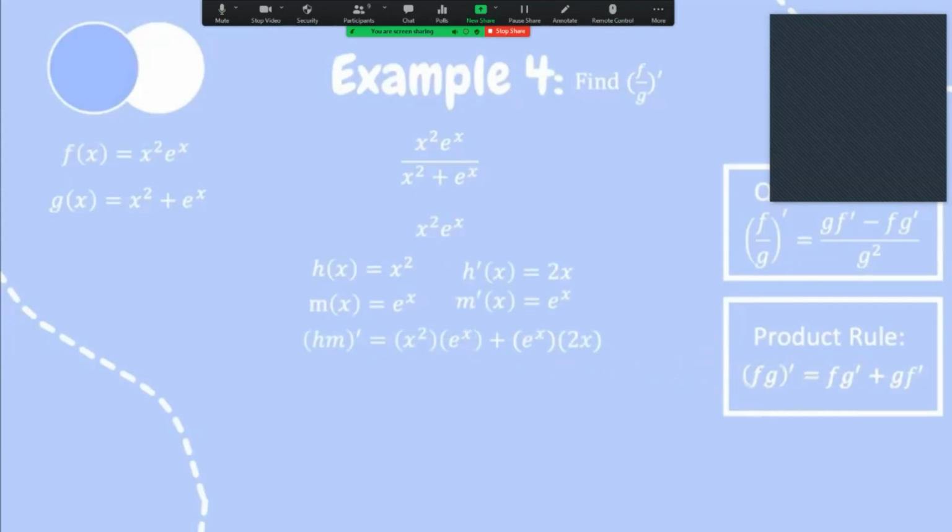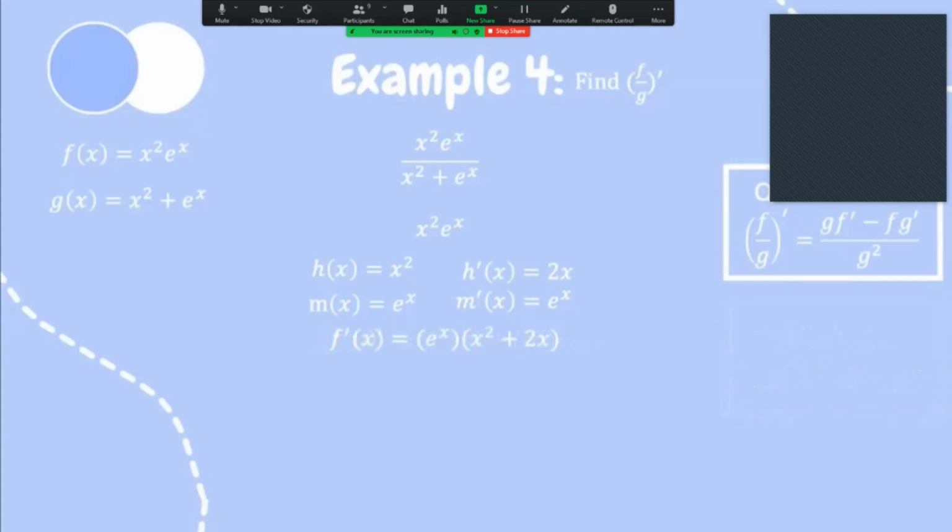Now you can factor out an e to the x, and that becomes the derivative of f of x. And then the derivative of g of x, a little more simple, just 2x plus e to the x.